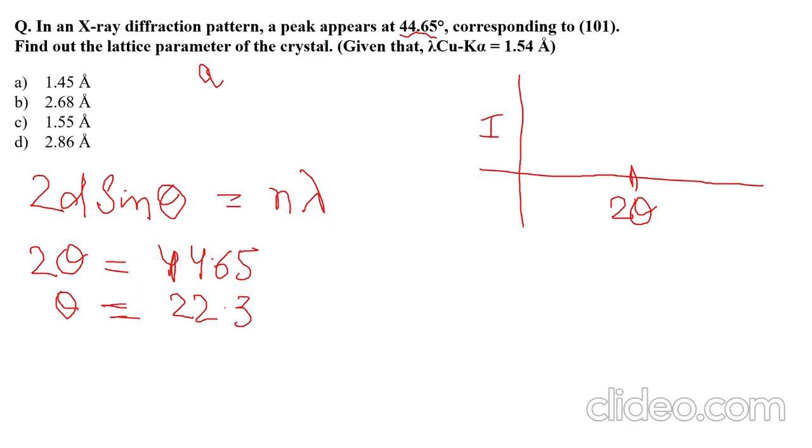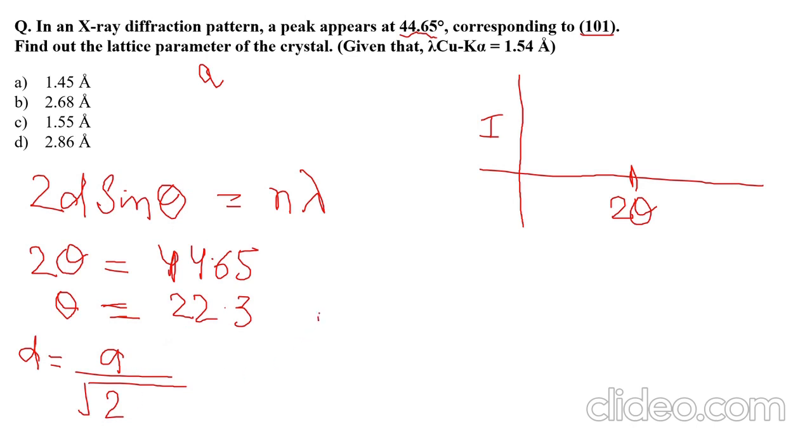You have also been given a plane which is 101. So you know that d is equal to the lattice parameter divided by the square root of h square plus k square plus l square, that will be under root of 2. So using these two equations you can try to find the value of your lattice parameter, which is a.